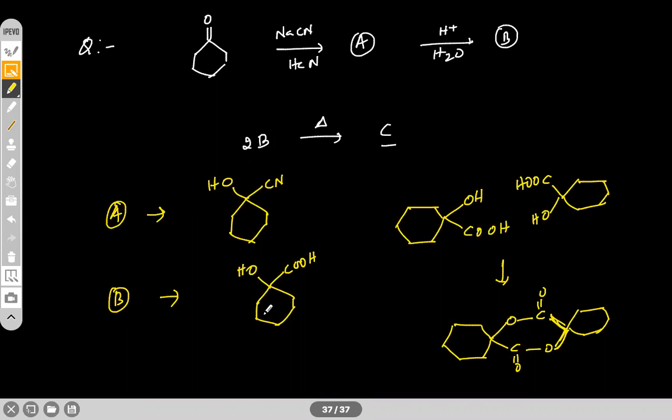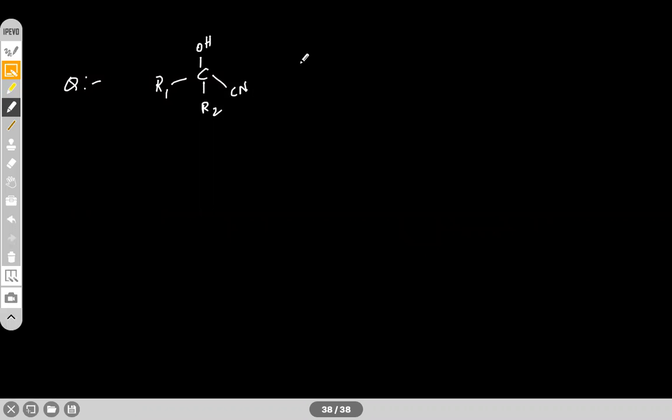So on reduction of cyanohydrins, for example, you see R1 COH, R2 CN.